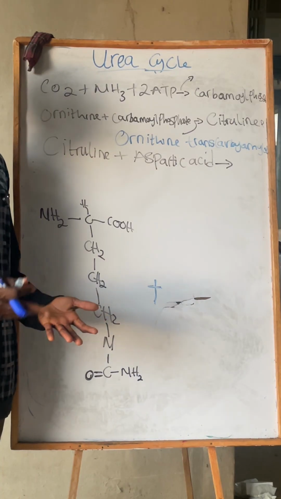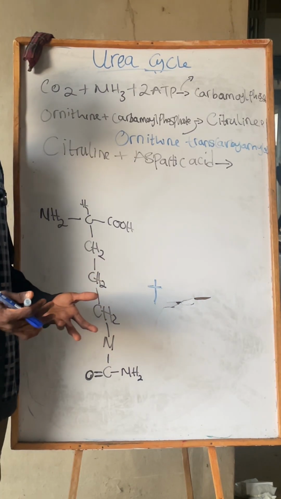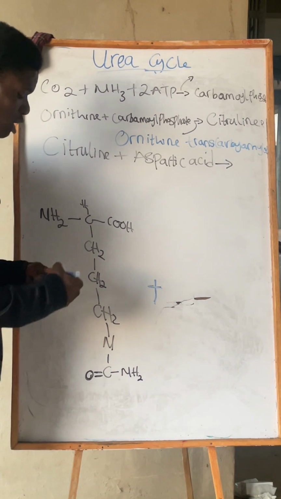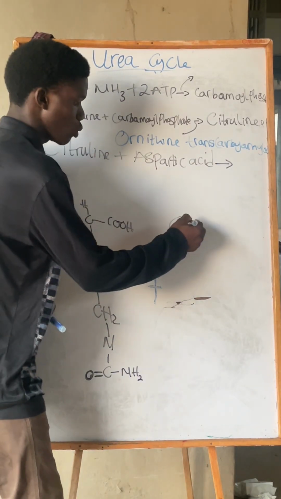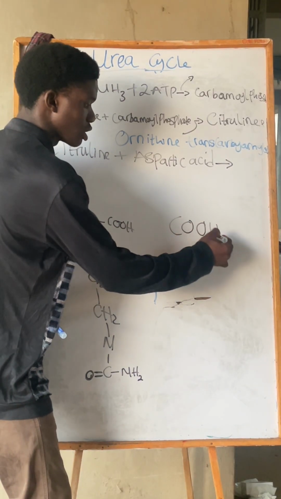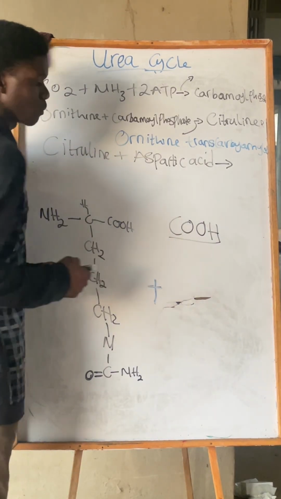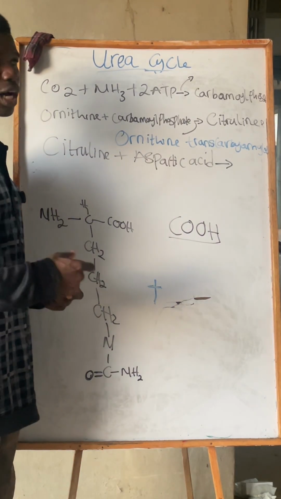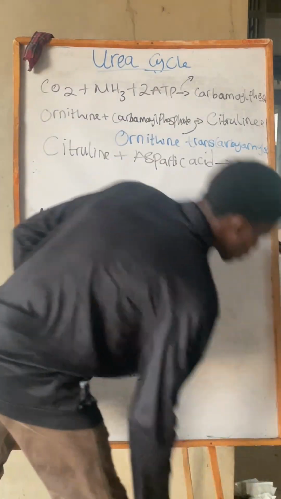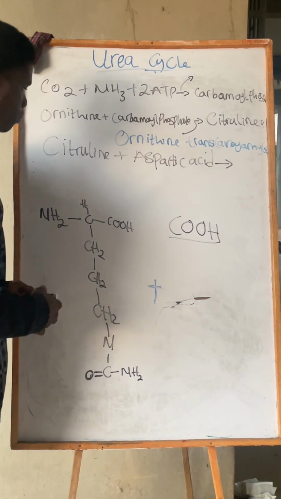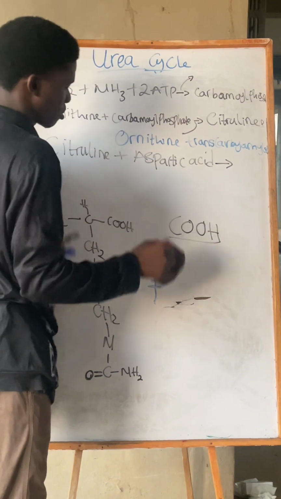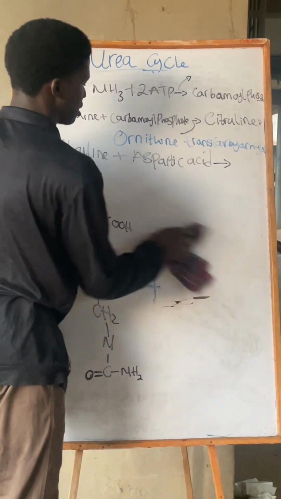And when we talk about acid in organic chemistry, we are basically talking about COOH. This is the acid. So after the structure of your alanine, you draw this to it also. So that is the structure of your aspartic acid. Now I have to react this citrulline with my aspartic acid.